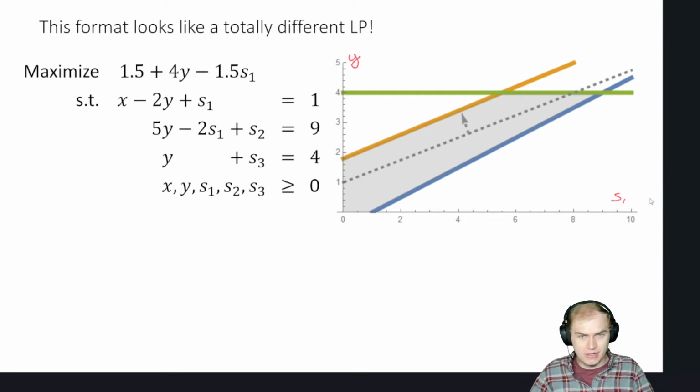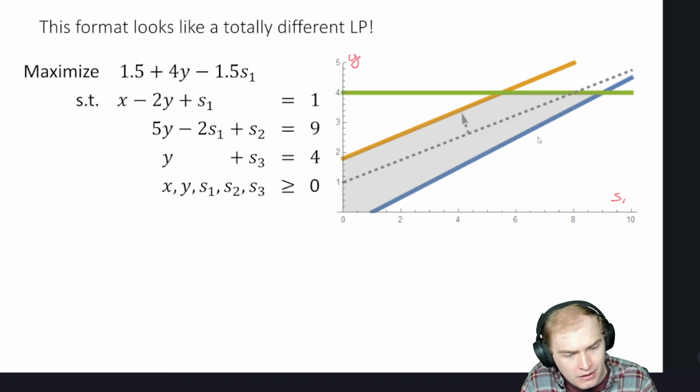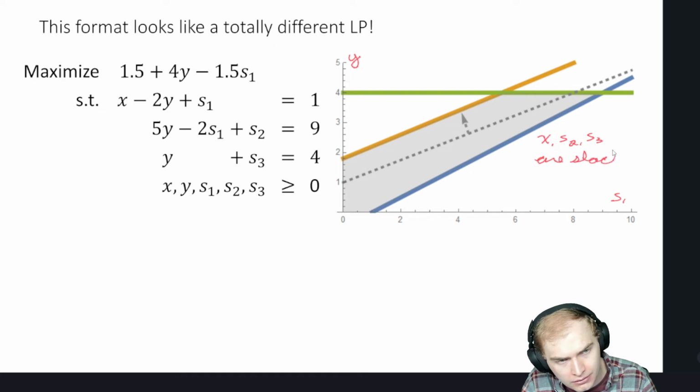We have a region that looks different, but still mirrors our original region and is in fact sort of equivalent in a way. So from this mindset, x, S2, and S3 are slack variables.